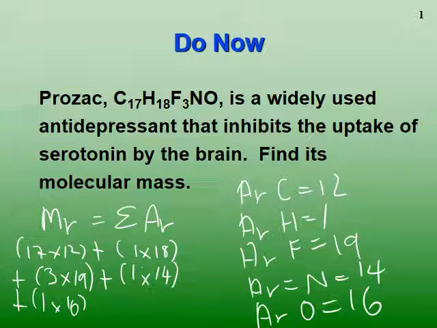Okay, so if you add all those values up, do the cross multiplication, you should get an answer of 309. So hopefully you got the same number as I did. If not, you need to go through your notes to make sure you understand how to calculate relative molecular mass.